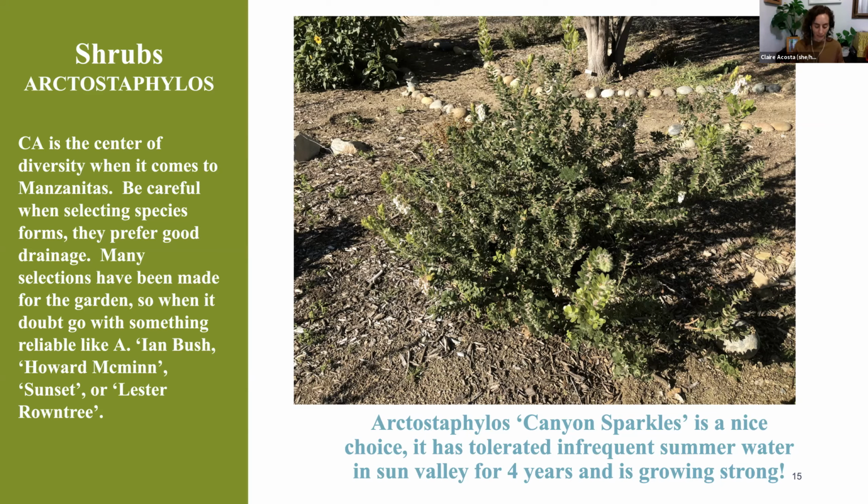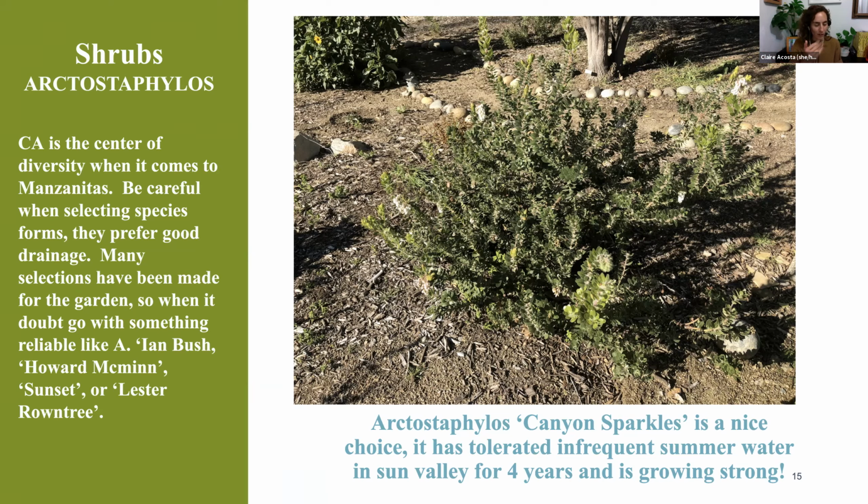However, there are always exceptions, and there are cultivars that have been bred to be a little more tolerant of some of those things, like the overhead watering. One of those would be the Howard McMinn. Howard McMinn is definitely on the easy list, one of the easier manzanita shrubs if you want to get started but you're scared of killing one.